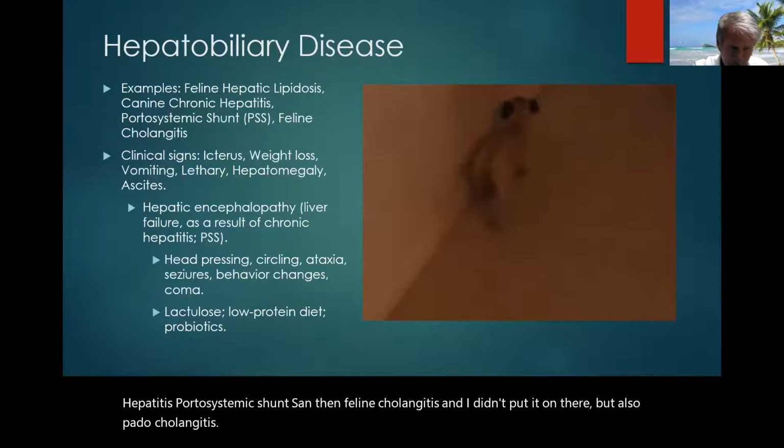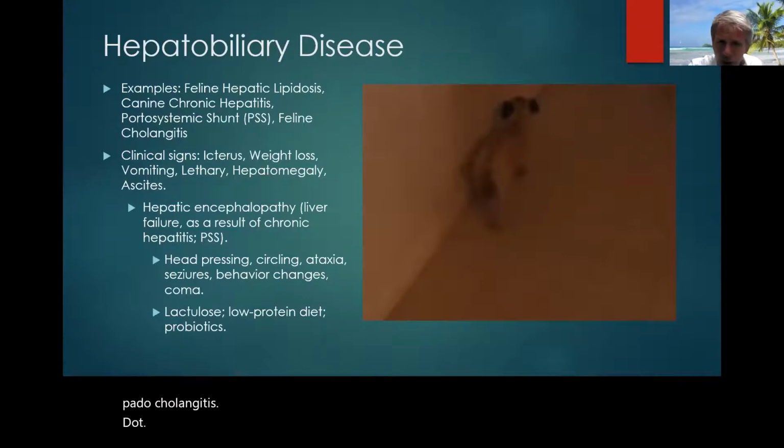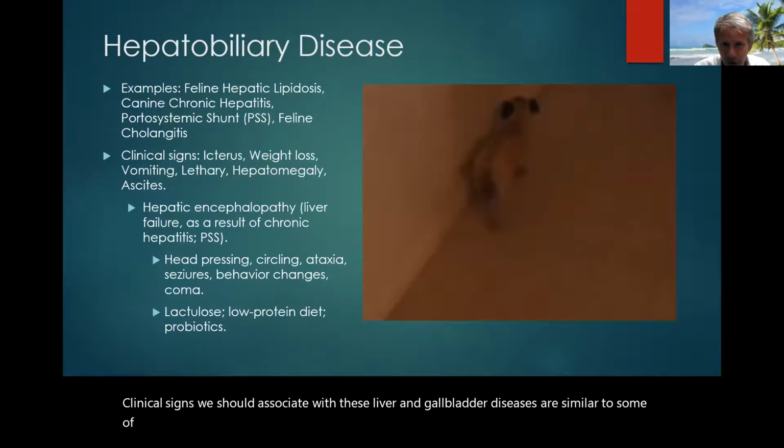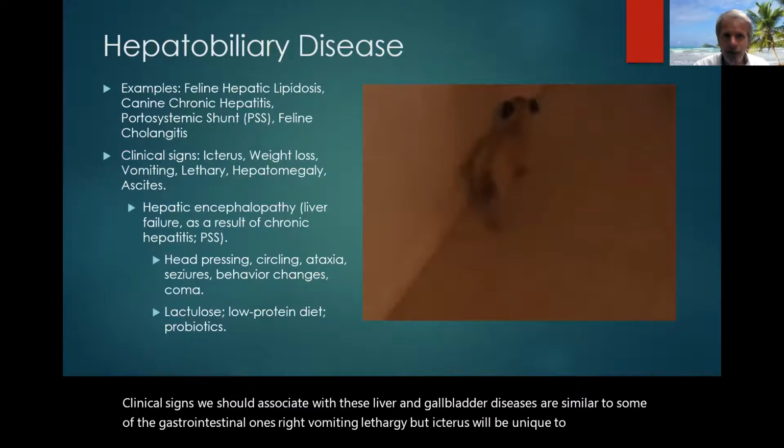The clinical signs we associate with these liver and gallbladder diseases are similar to some of the gastrointestinal ones, right? Vomiting, lethargy, but icterus will be unique to these. Hepatomegaly, an enlarged liver, would be unique.